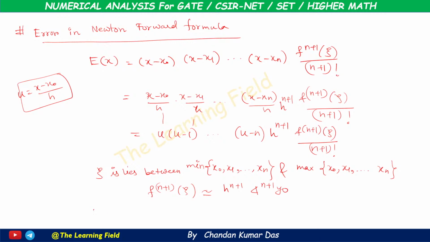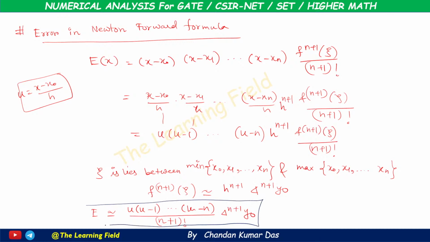So the error E finally is u into (u minus 1) into ... into (u minus n) by (n plus 1) factorial into delta^(n+1) y0. This is the error formula of Newton forward interpolation.